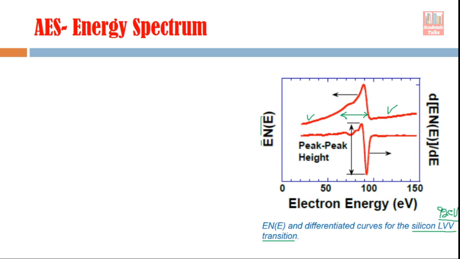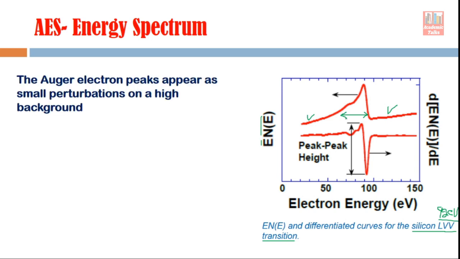So now why is this kind of spread there? Actually this Auger electron peak appears as a small perturbation on a high background, right. So this background energy we have to filter out, and where is this background coming from?